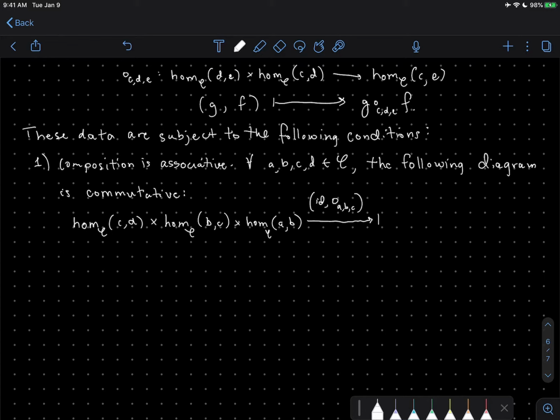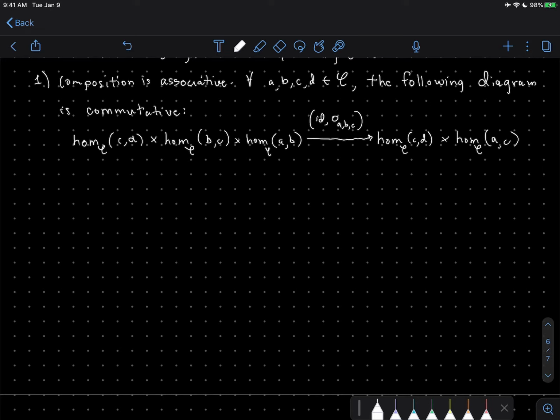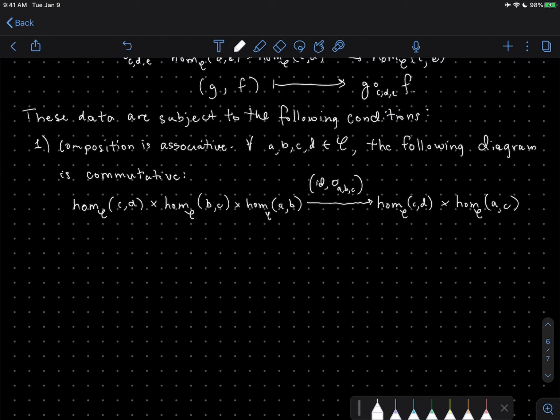So this will act as the identity on the first factor, Hom from C to D, and it composes the second 2 and will give us Hom from A to C. And from here, we can just compose, go down to the Hom in C from A to D.